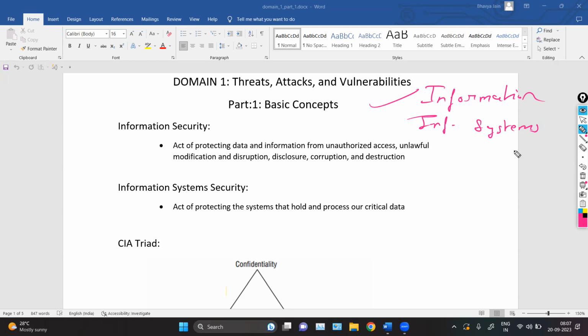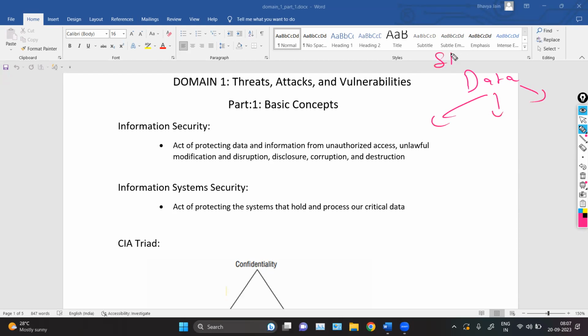Okay. Now, whenever we talk about data, we have to protect data in three states. First is data at rest. Second is data in motion.